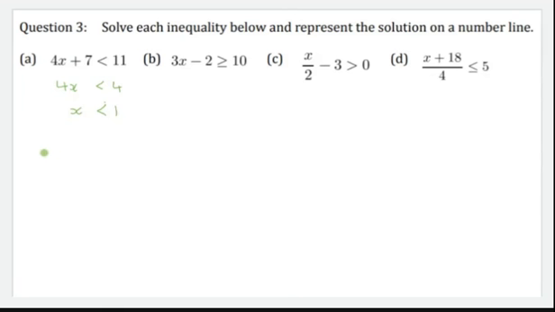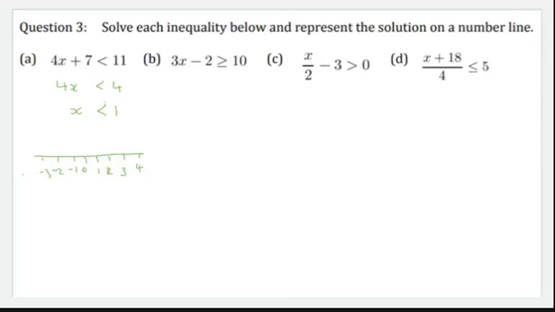Okay, and then now we just draw a number line, and then we have the number 1, 0, -1, -2, -3, and so on. And here we have 1, 2, 3, 4. Here, is x allowed to be equal to 1 or not?